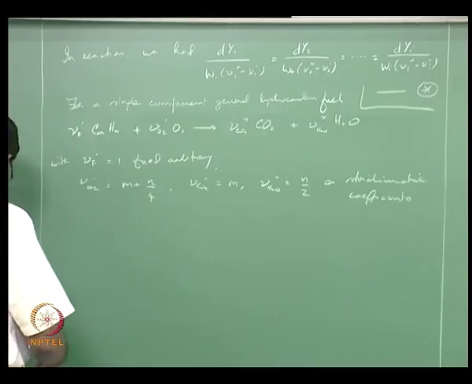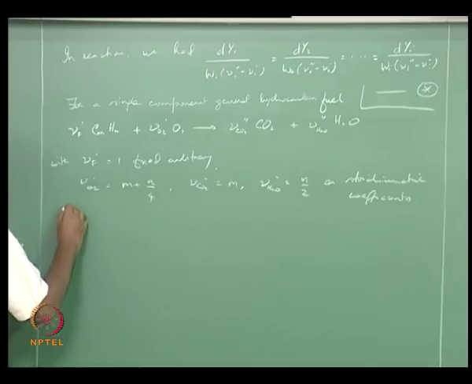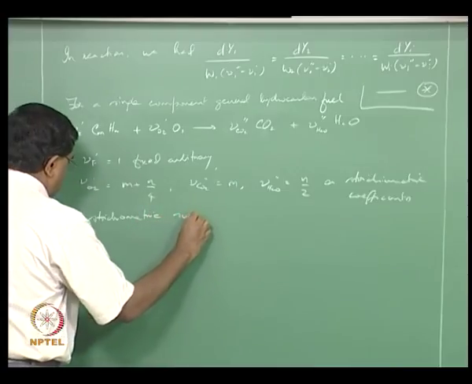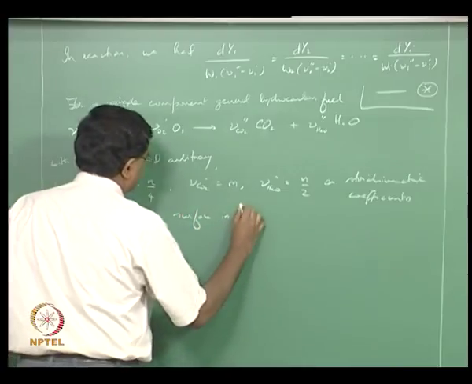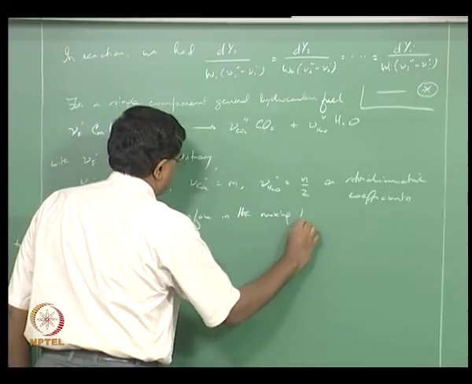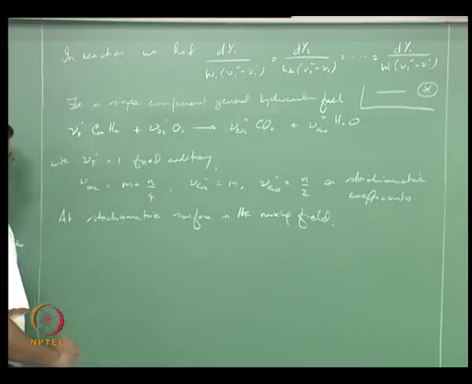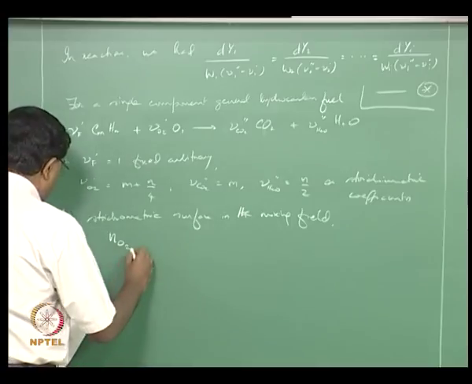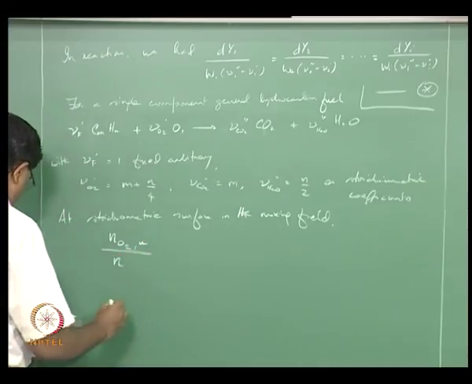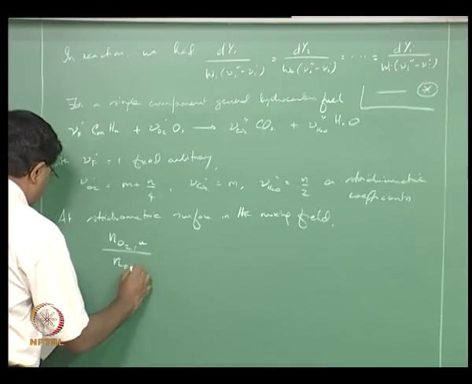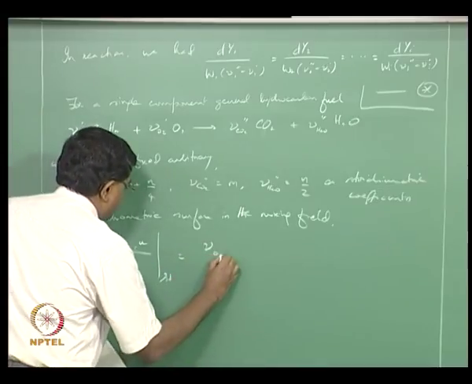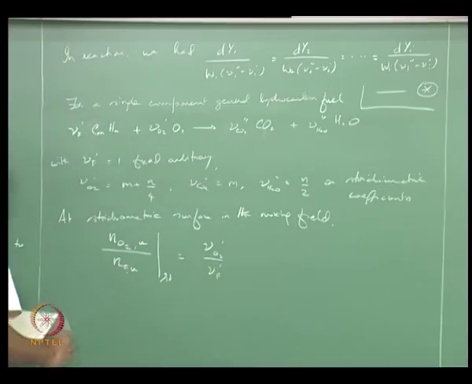Now at the stoichiometric surface in the mixing field, we then have the number of moles of oxygen unburnt divided by the number of moles of fuel unburnt at stoichiometry equal to nu O2 single prime divided by nu F single prime, as given above.